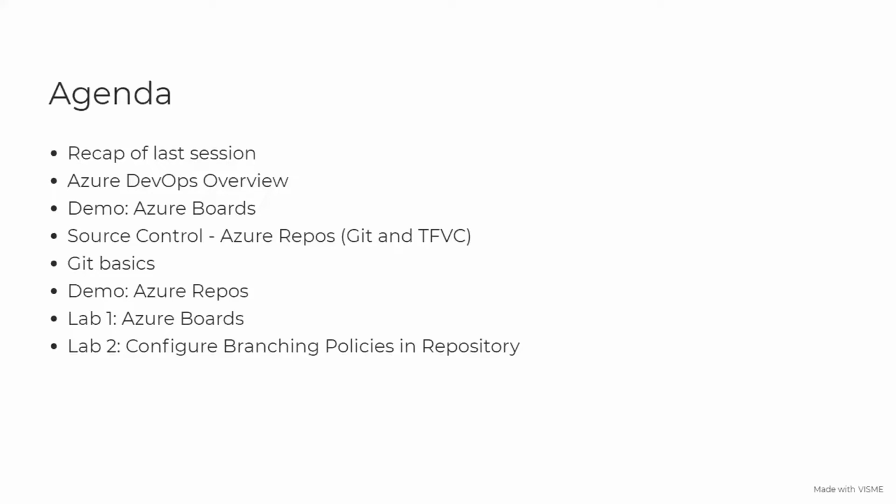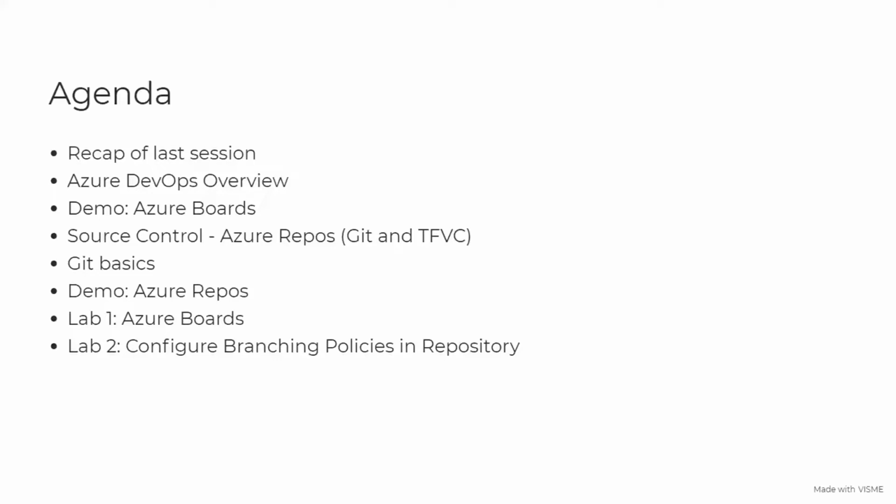And after that we are going to see today's main concept, the source control, and what kind of source control management Azure DevOps is currently providing. If you are new to Git, I will give some introduction.